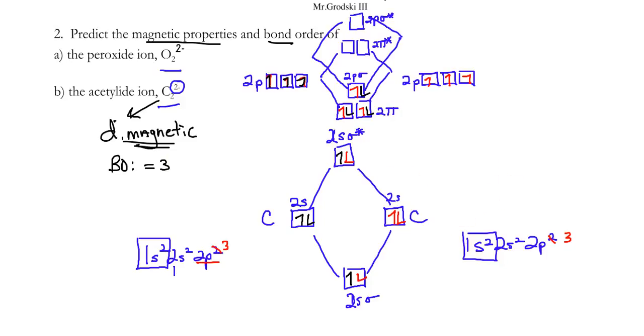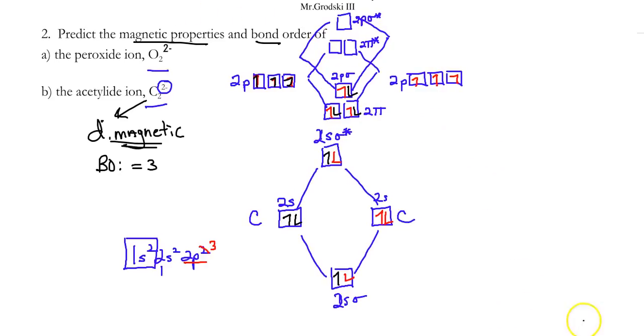Let's quickly try O2 negative 2. And I'll just do this on this side, okay? Now O2 negative 2, let's make some room here. We're going to deal with oxygen and another oxygen. And its configuration, I'll write over here, is 1s2, 2s2, 2p4.